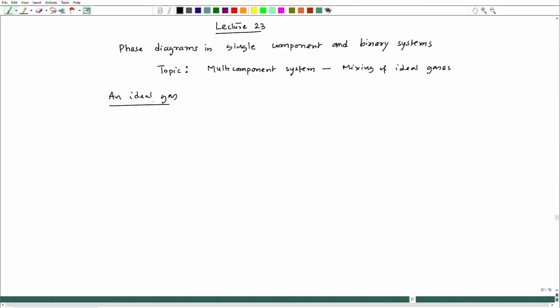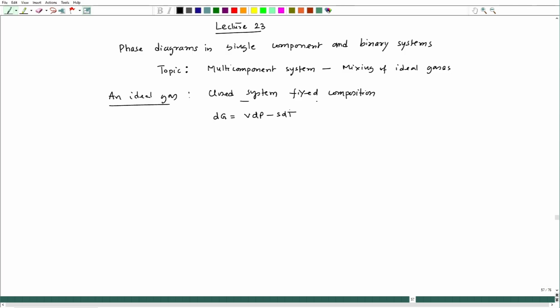Okay. Let us start with an ideal gas. So, it is a closed system, and it is of fixed composition. So, we have these two conditions. If we try to see the governing equation with reference to Gibbs free energy, that equation looks like this.